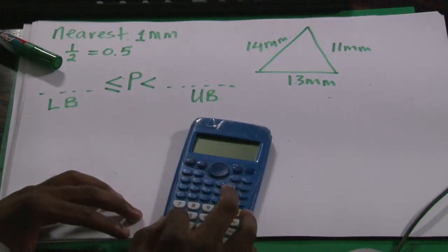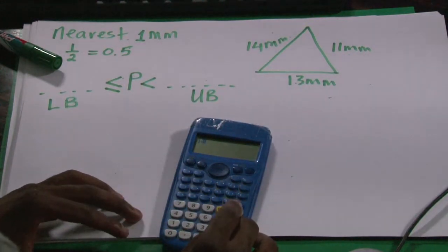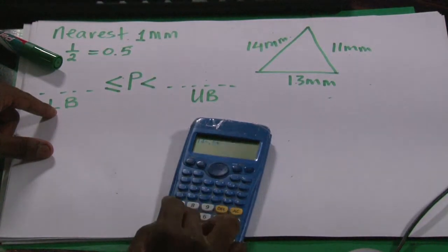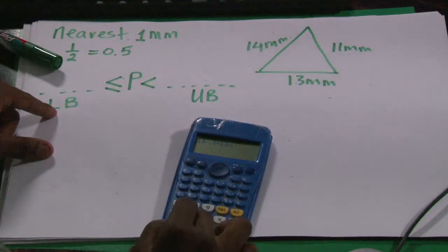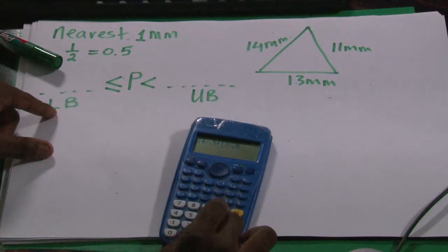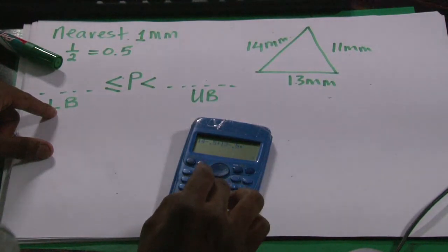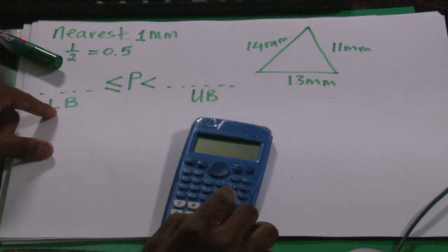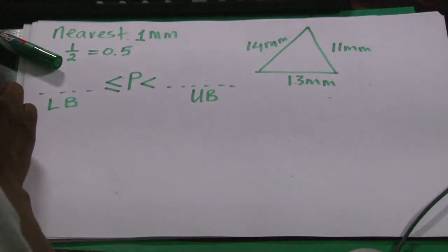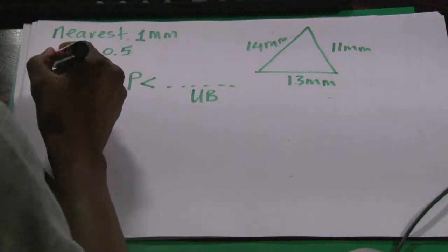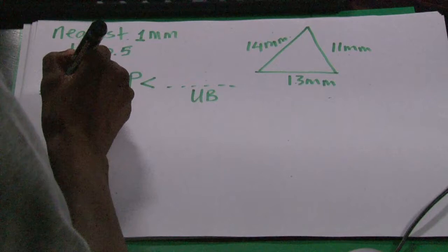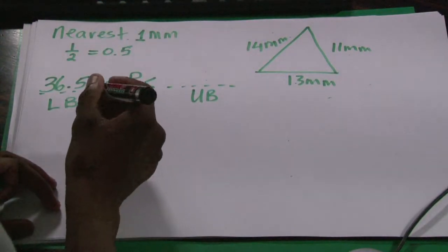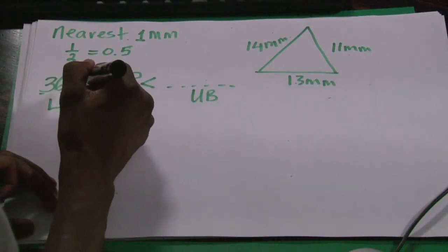So we have 14 minus 0.5, plus 13 minus 0.5, plus 11 minus 0.5, and then we get our answer to be 36.5.